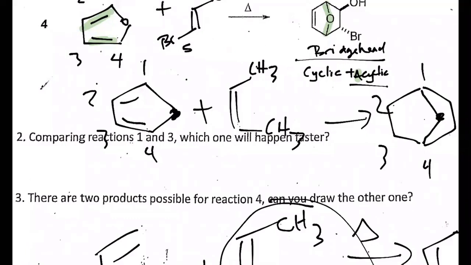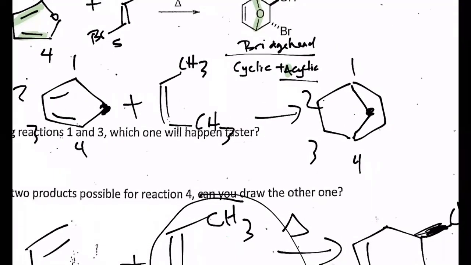And then if this is 5 and 6 over here, right? So the point I'm always going to go back to is that if it's a 4 plus 2, the major backbone is going to be a 6-member ring, and then those two methyl groups are on the same side of that double bond.